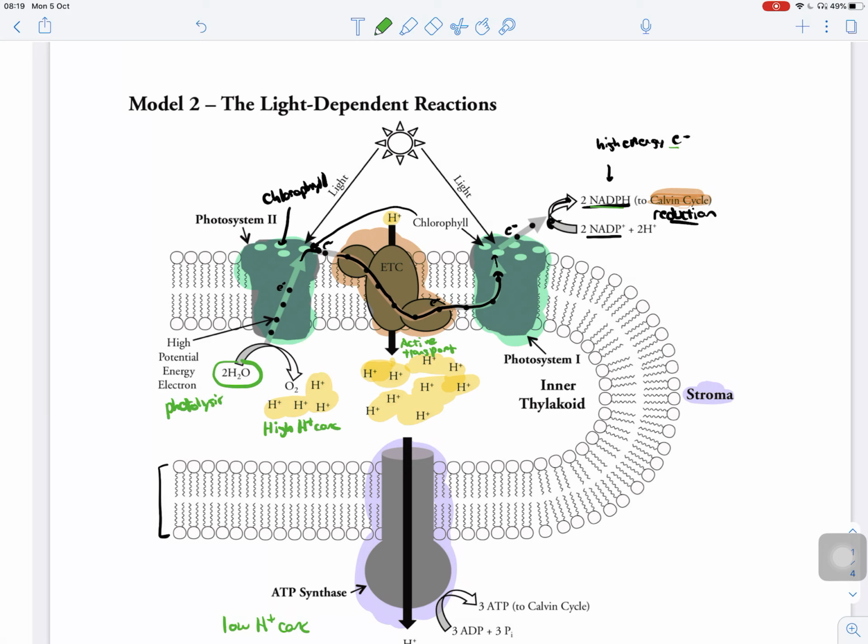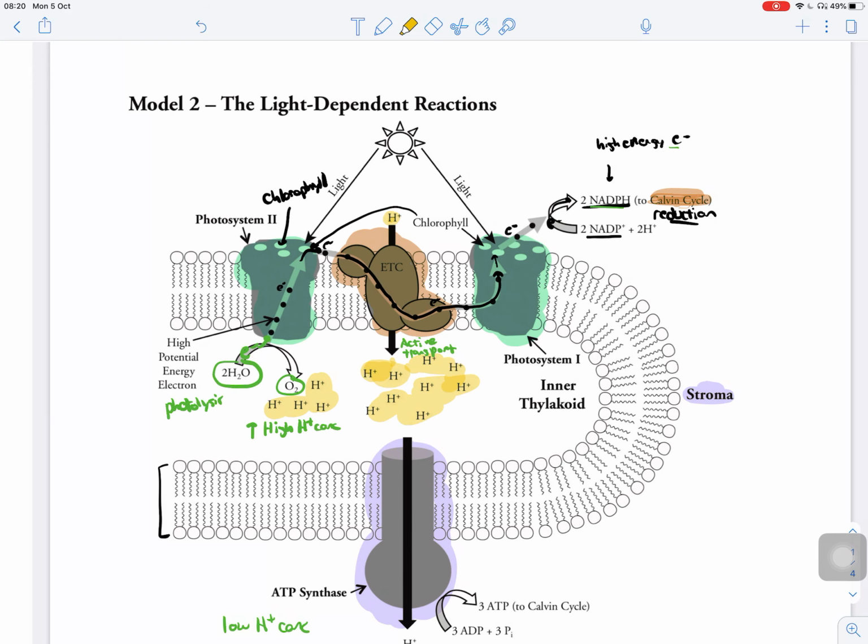The water is split and it produces oxygen. So that's where the oxygen comes from in photosynthesis. It also creates some hydrogen ions, which increase the gradient here. And the electrons from this go and replace the electrons lost here. That's why we need water in that reaction.